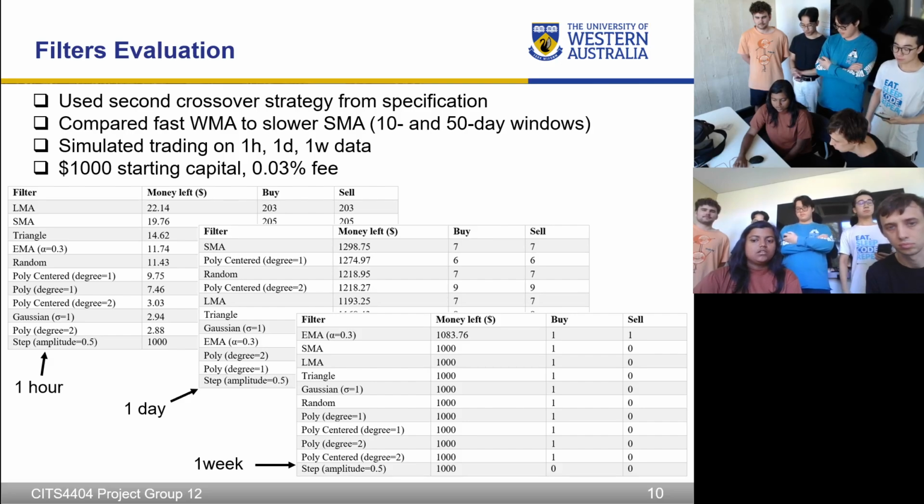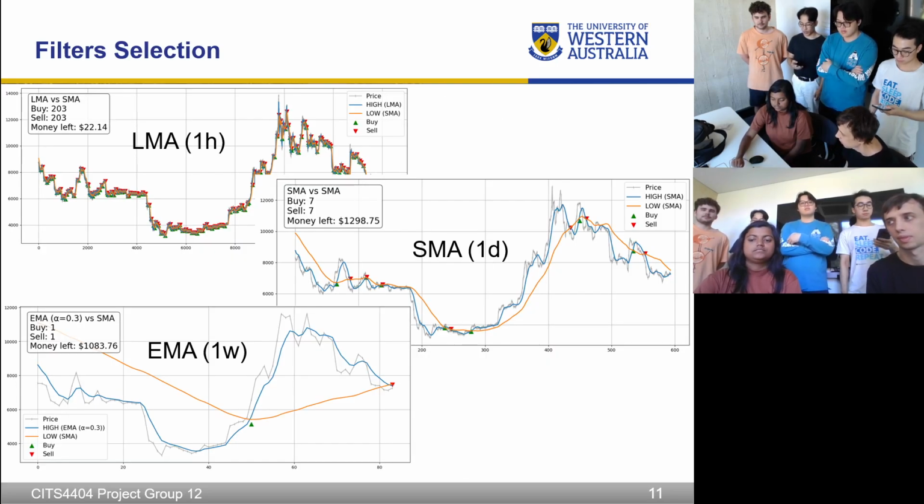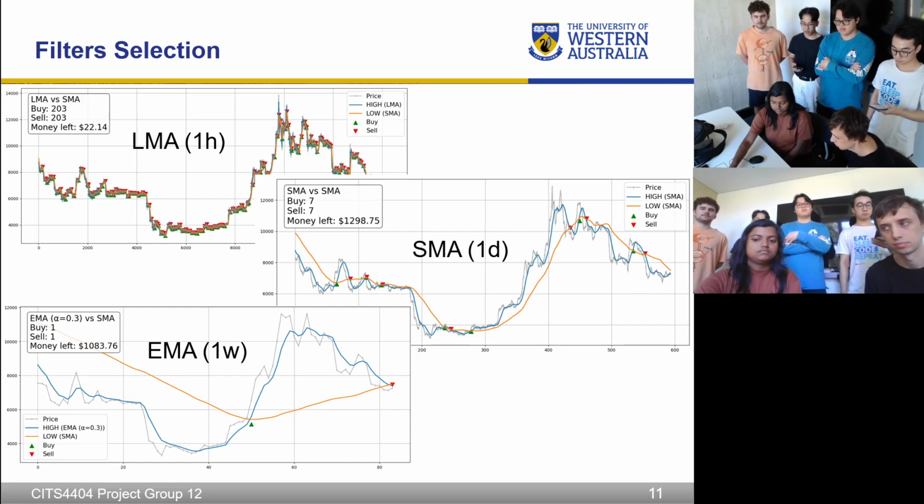Trading was simulated on pre-2020 training data, downsampled to 1 hour, 1 day, and 1 week intervals, with $1,000 initial capital and a 0.03% transaction fee. The tables show how much money remained after each simulation. Based on the filters evaluation, we selected the top filters from each table: LMA, SMA, and EMA for optimization.